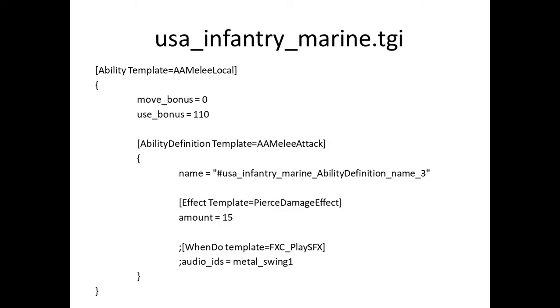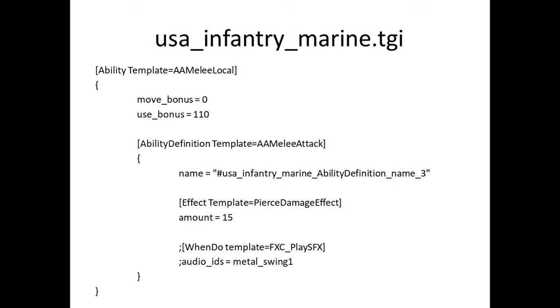Here is the bayonet attack, the ability inside of the Marines file, USA Infantry Marine.tgi. We see at the top here our good friends move bonus and use bonus. Move bonus is set to 0.